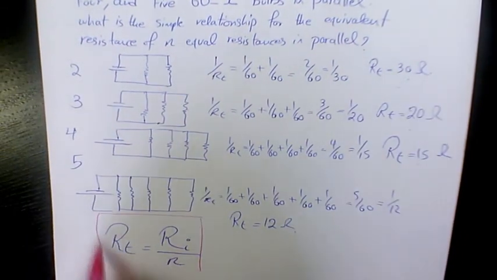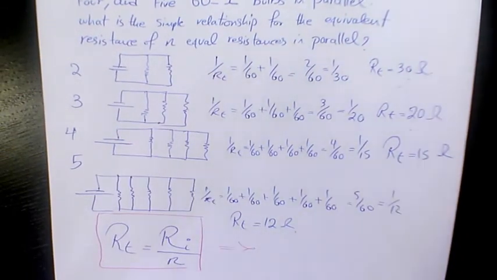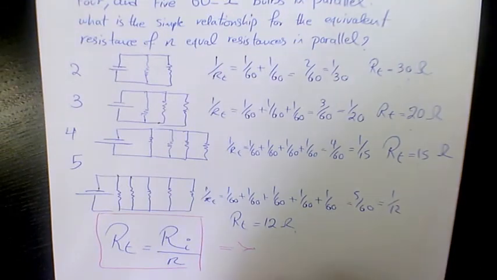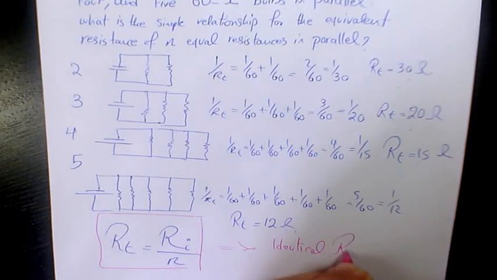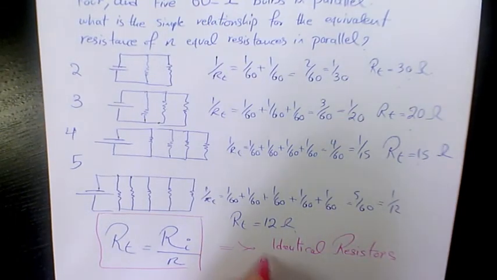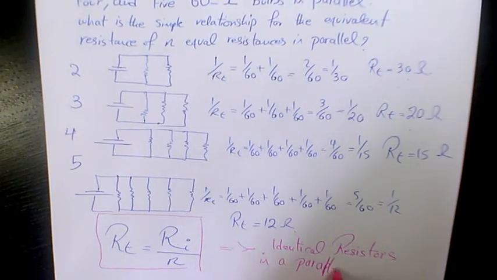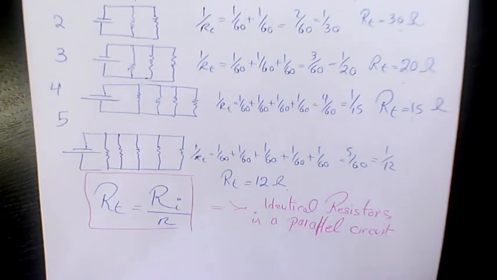So that's the general formula whenever we have identical resistors in a parallel circuit. That's how we calculate the equivalent resistance.